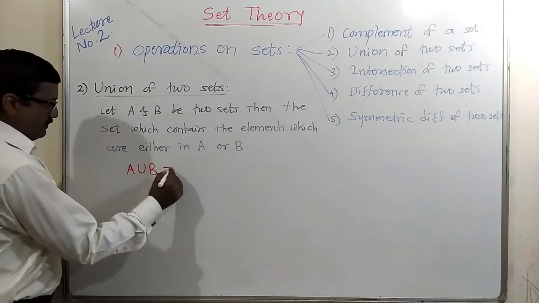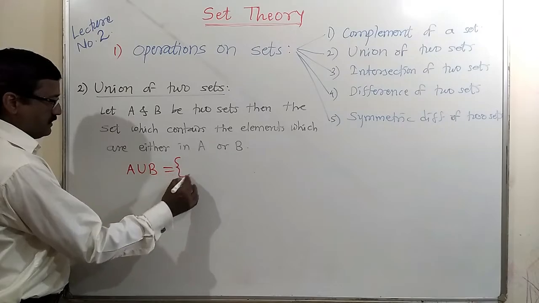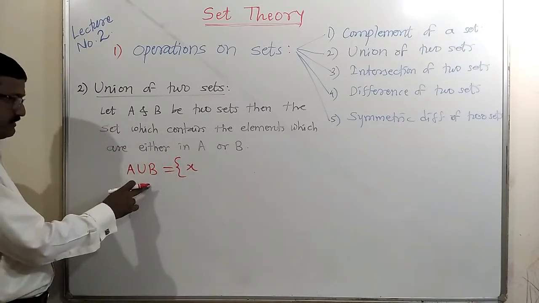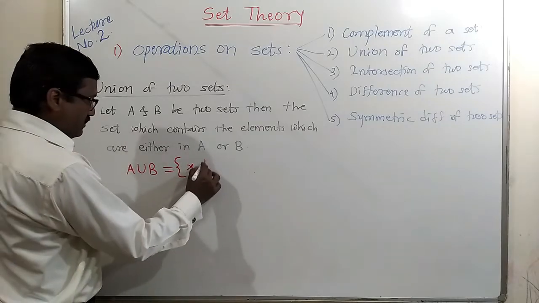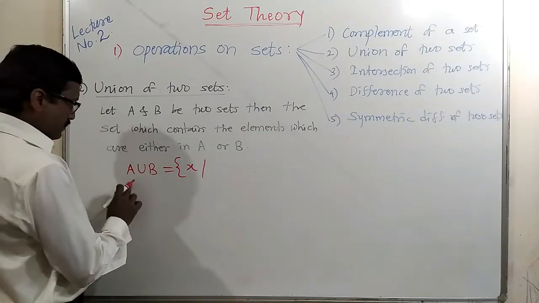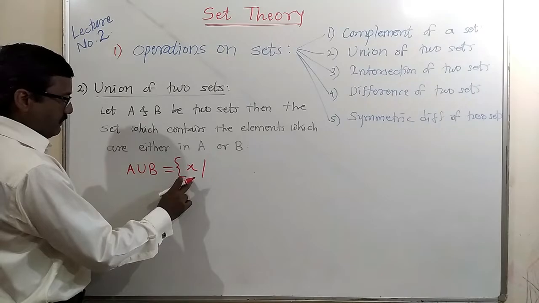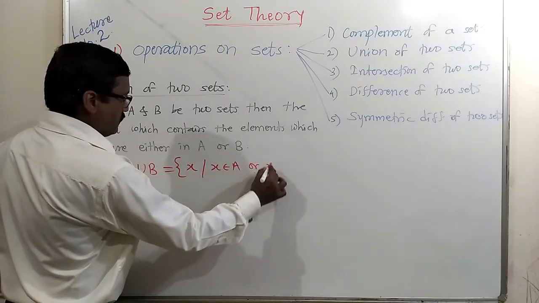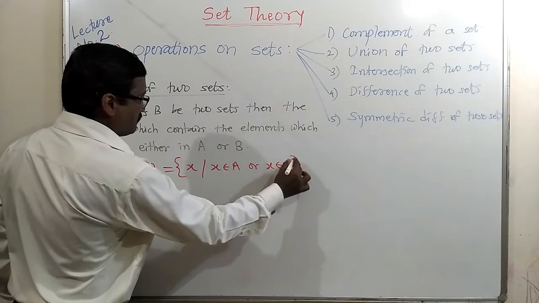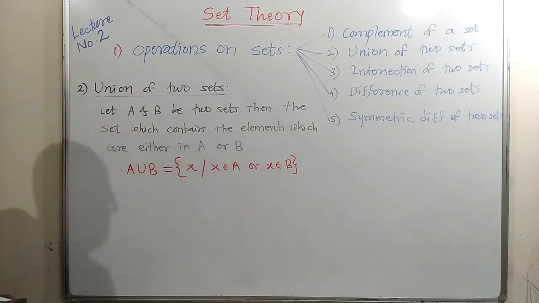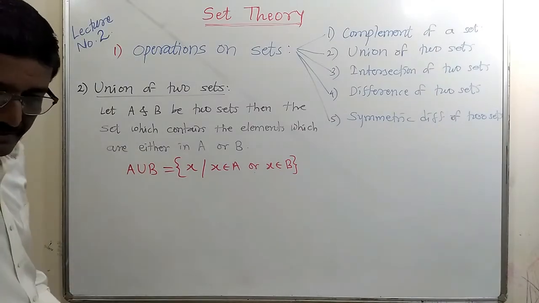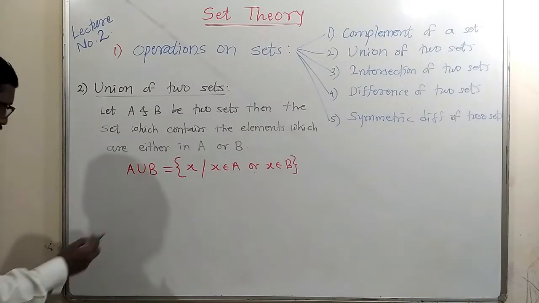Using this symbol, we can write this set as, suppose X is an element of the union of two sets, then it will be either of A or B. Therefore, A union B is equal to the set of all X such that X belongs to A or X belongs to B. It is an element of either A or B. Let us see the Venn diagram related to this.